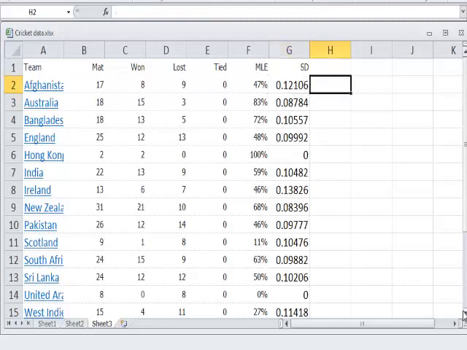So now we can form the 95% confidence interval. Lower bound 95% and upper bound 95%. So this is going to be equal to the estimate minus 2 times the standard deviation.